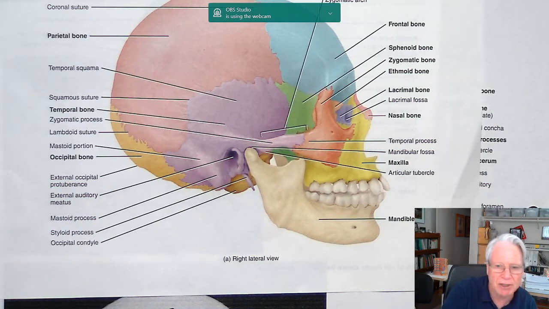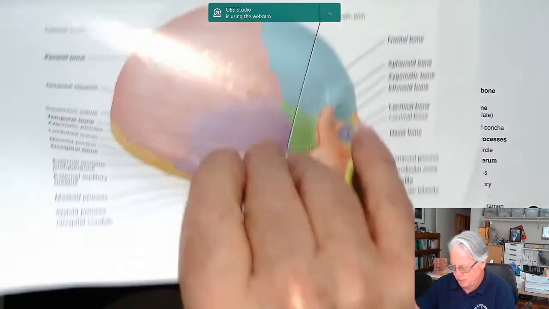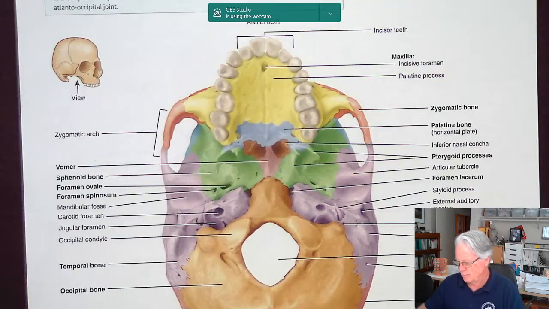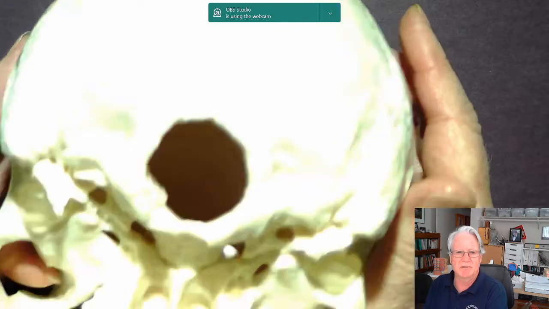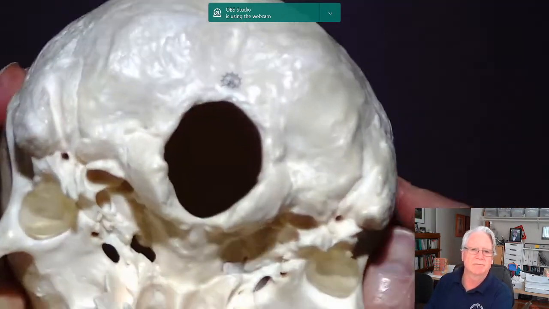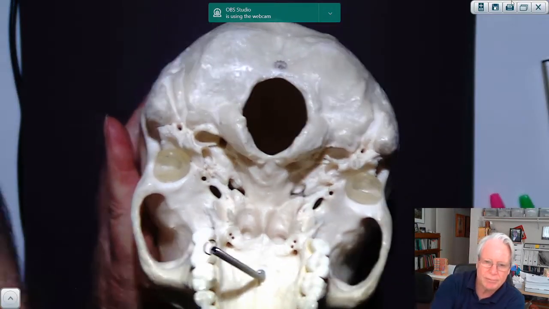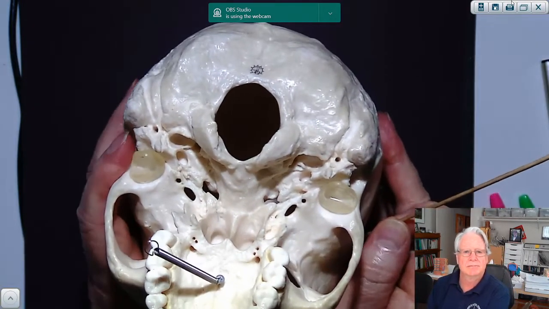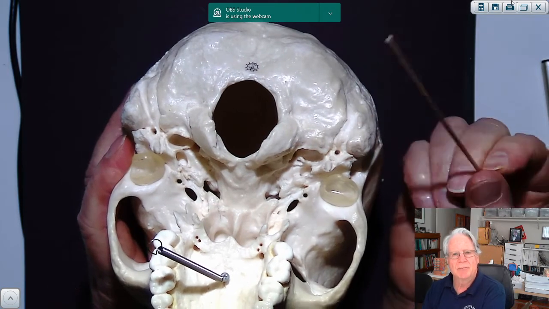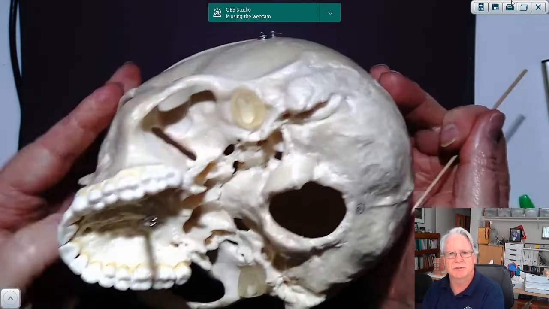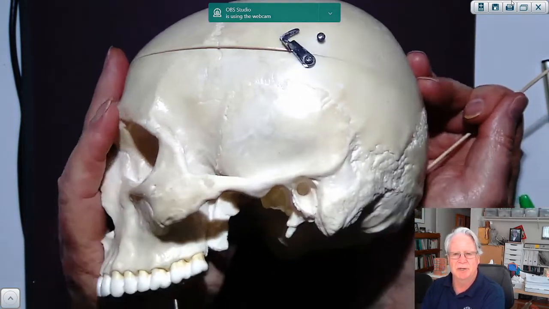Let's turn to a skull and see what we can find there. So coming down here then, this is again the inferior view. Back this out a little bit. So once again, we're talking about the temporal bone. So why don't we start from the side actually, temporal bone.